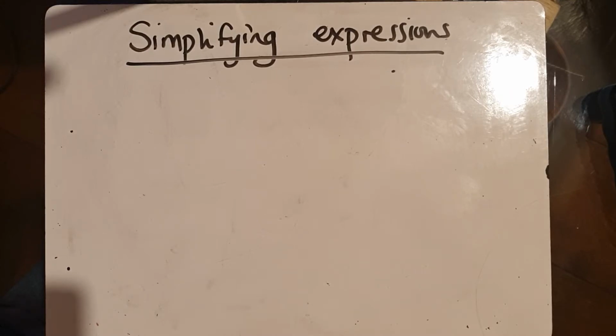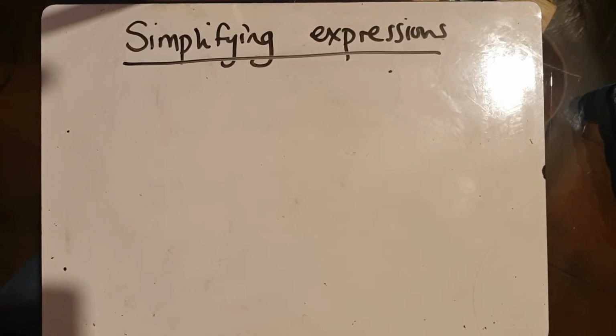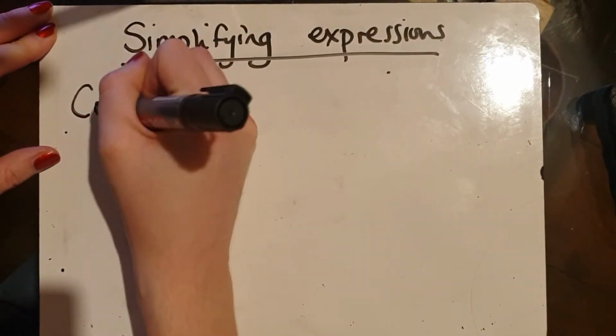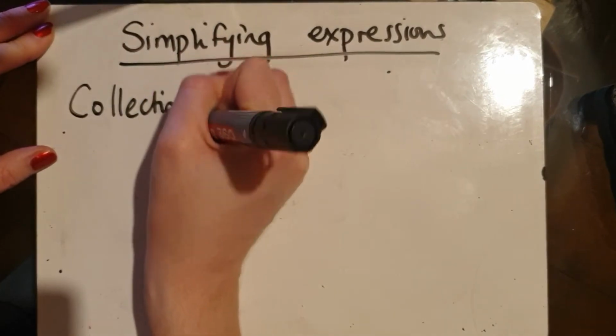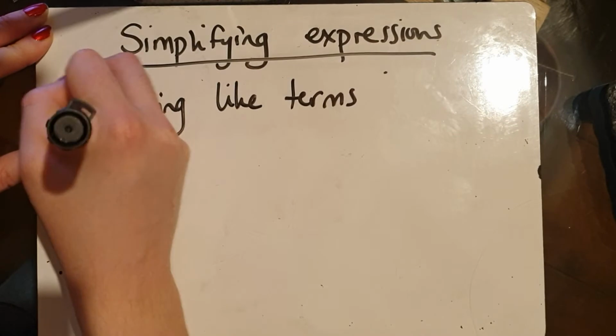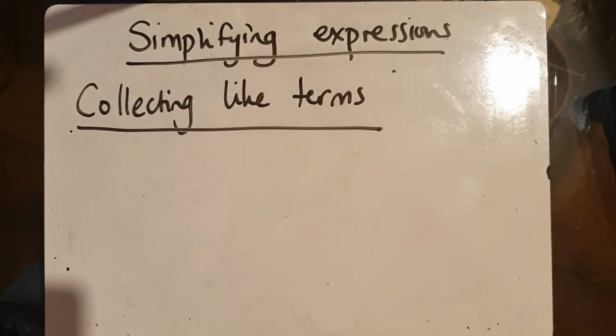And when an expression has terms which have the same variable with the same power, we can usually collect them together. So, simplifying expressions, first thing, collecting like terms. I am sure you've done this before, so I'm just going to do an example for you, and then there's quite a lot of questions for you to do to practice this skill.